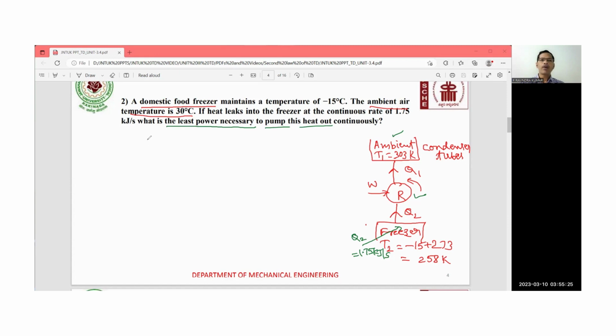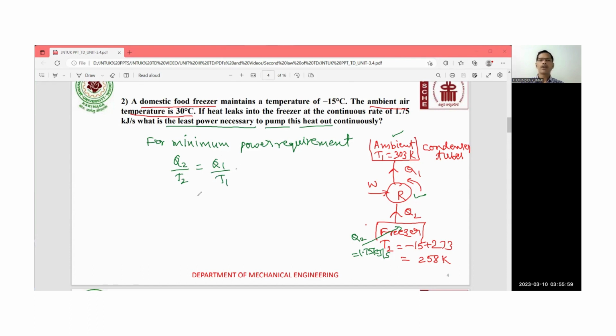For minimum power requirement, this is the formula everyone has to remember: Q2 by T2 is equal to Q1 by T1.